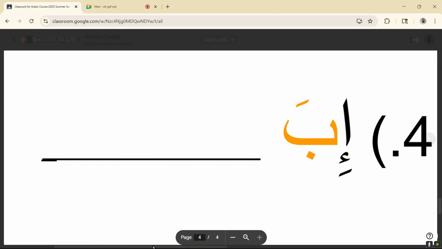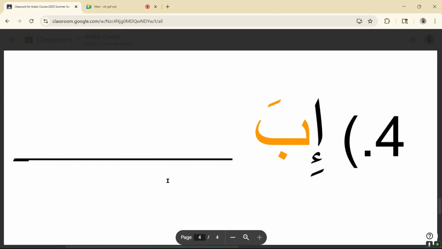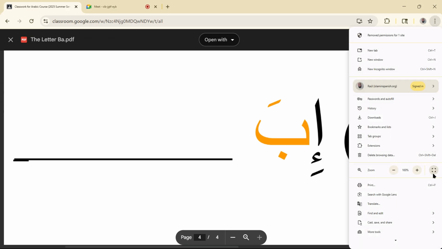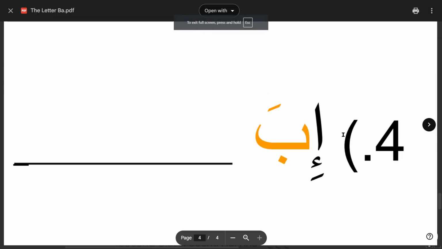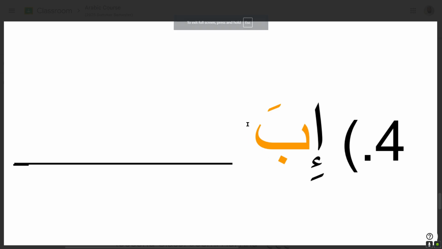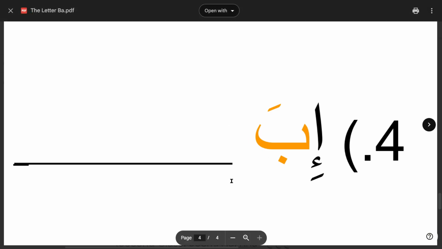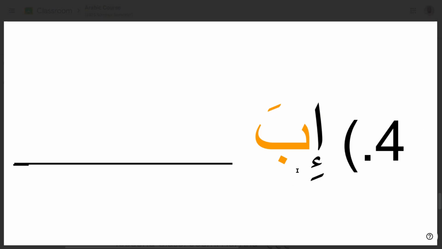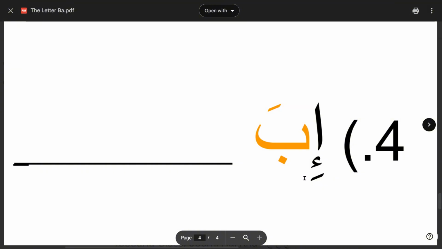Number 4. I'll do number 4. It's going to be an alif with a kasra, so i, then ba with a fatha, so ba. Iba. That's it. Good. When you said Iba, you put an alif to change it, and then you corrected yourself.